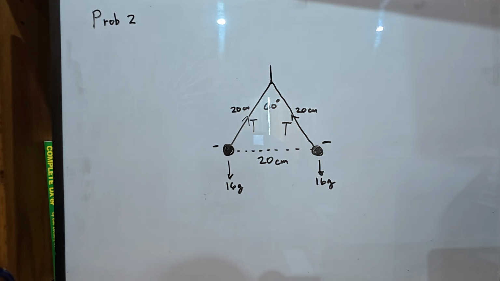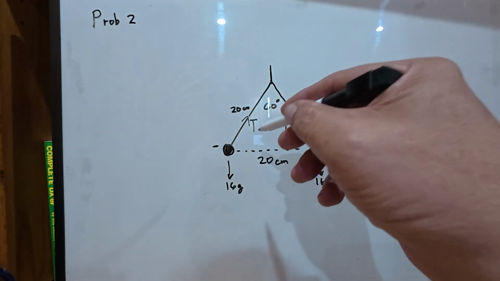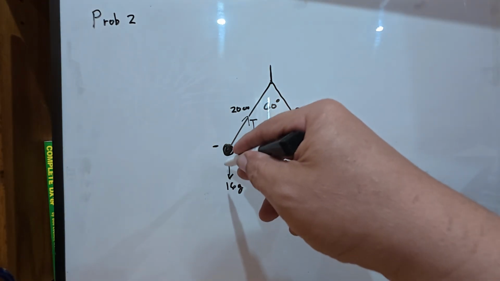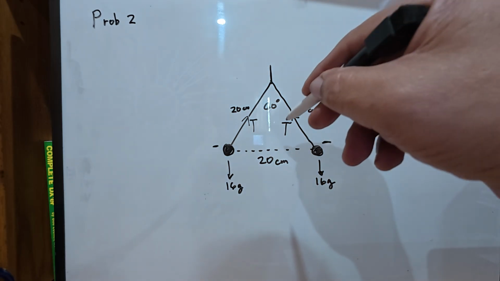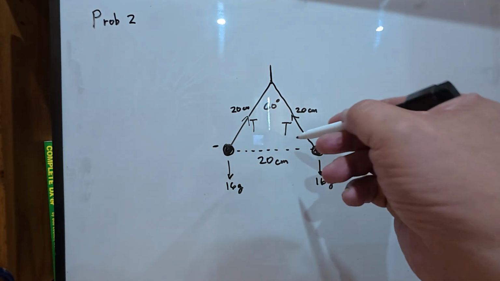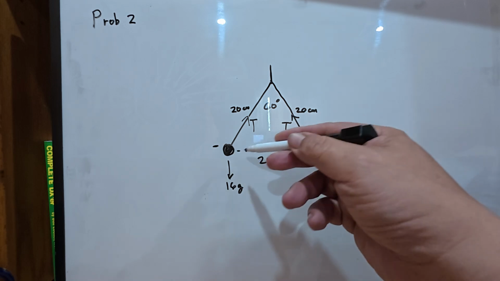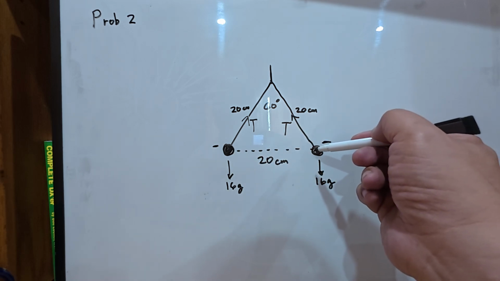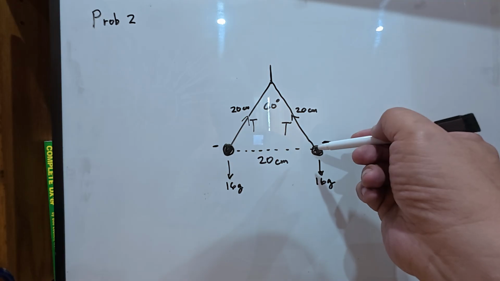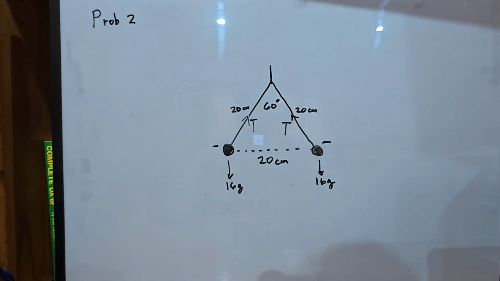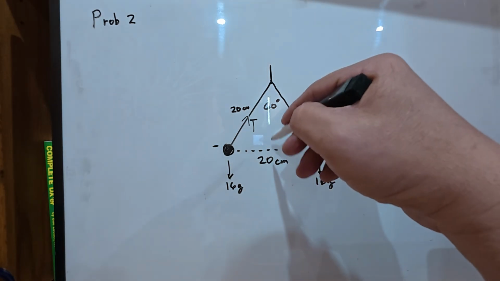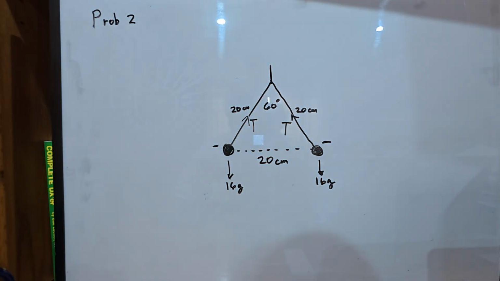And the vertical component of this tension is going to be equal to the weight of the steel balls, and the horizontal components will equal each other, and they're going to be opposite each other, and they will be what will give you the force. And the geometry drives the magnitude of the force.